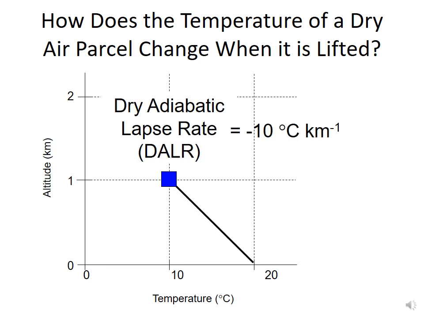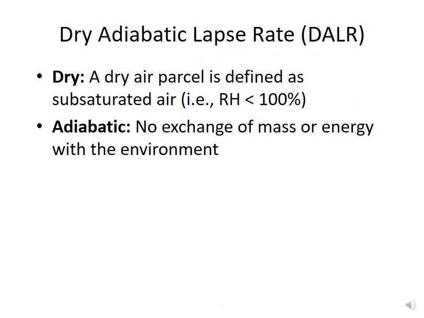And then we can define that lapse rate, or that change in temperature, as the dry adiabatic lapse rate, and that happens to be minus 10 degrees Celsius per kilometer. So what is this mysterious dry adiabatic lapse rate?